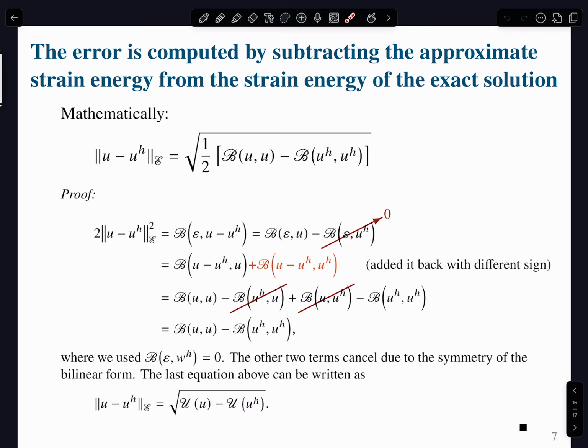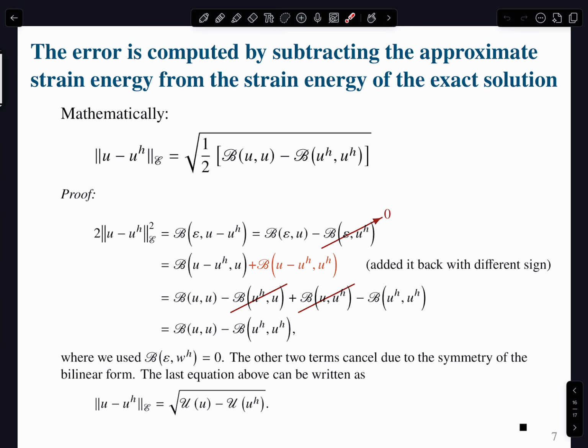Why are we calculating the error with the energy norm and not the absolute value or the Euclidean norm? Yeah, that's a good question. Why are we computing the error in the energy space and not another form of error? As it turns out, there are different ways to compute errors. We like computing errors in the energy norm because we're looking at bilinear forms and we're looking at derivatives.